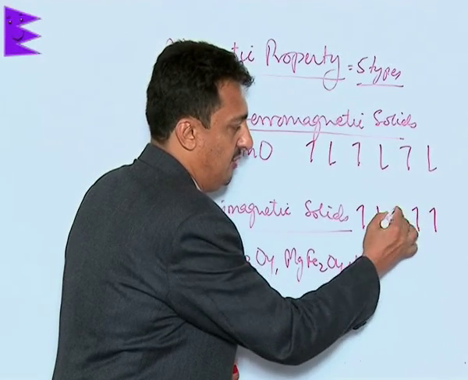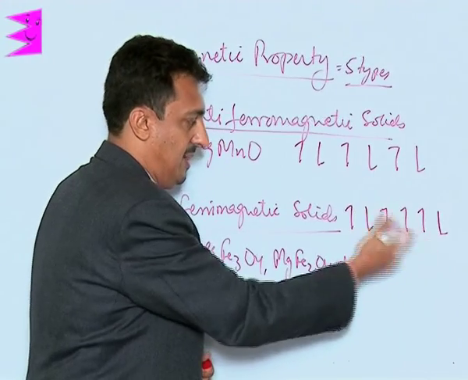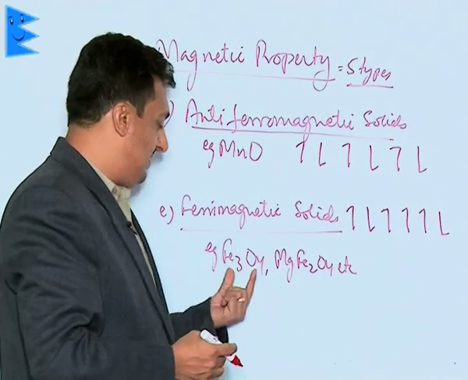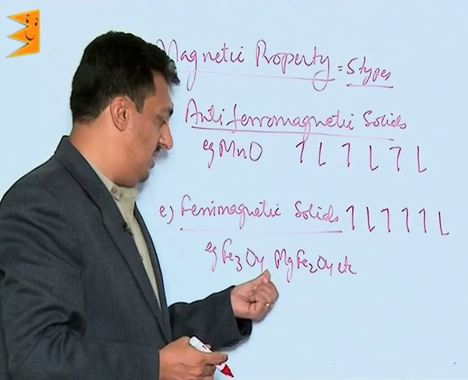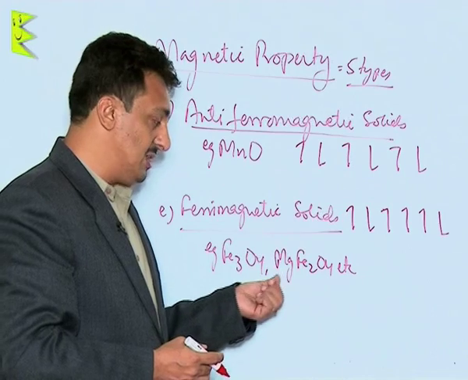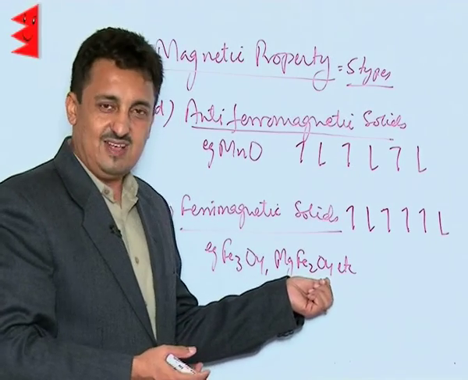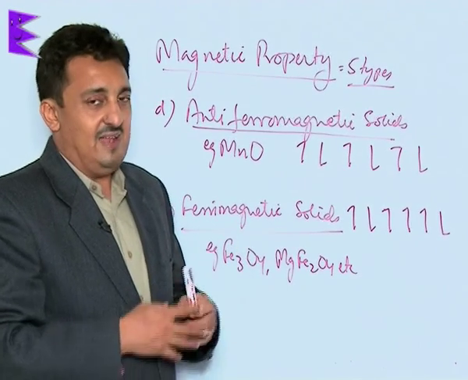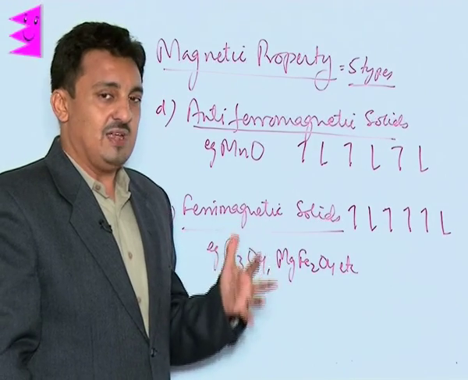Only few of them are aligned in one direction. Otherwise, most of them are opposite to each other. So examples include Fe3O4, magnetite, or ferrites, which also include MgFe2O4 or ZnFe2O4 etc. So these are ferrimagnetic solids, and these are the 5 categories we have of the solids on the basis of their magnetic property.